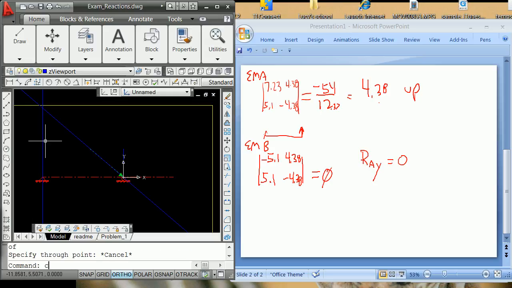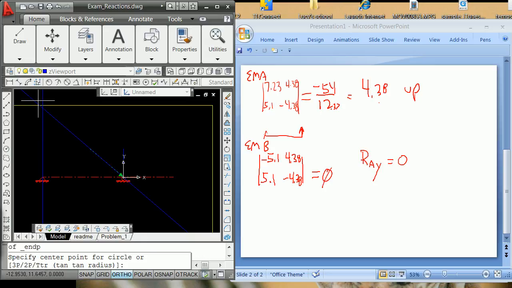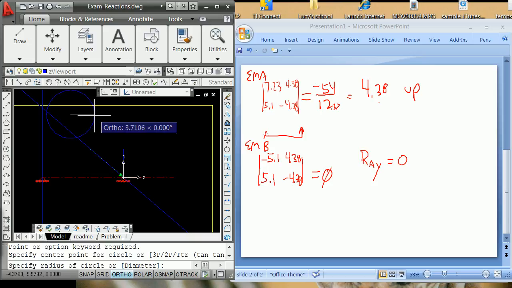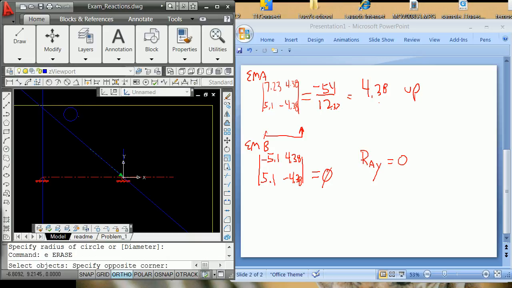And now I have that little circle up there. That little circle. I draw out the intersection here. Line, circle at the intersection.